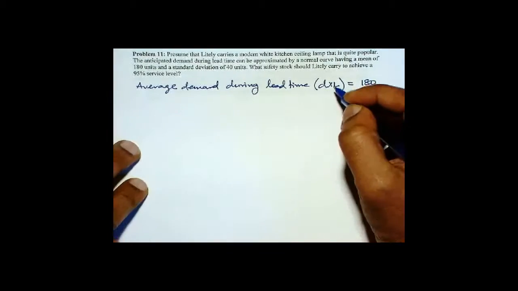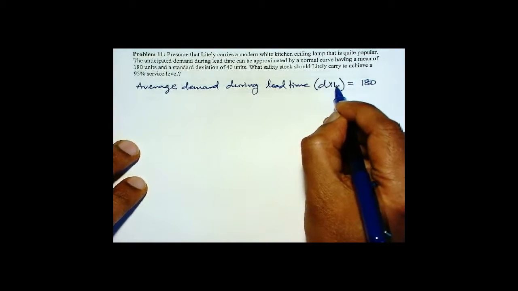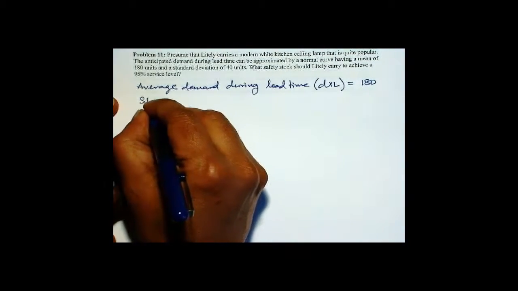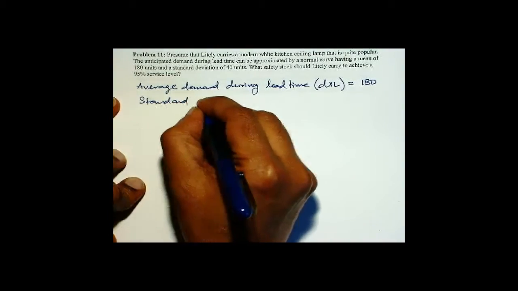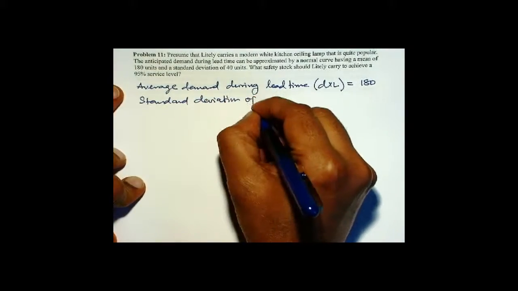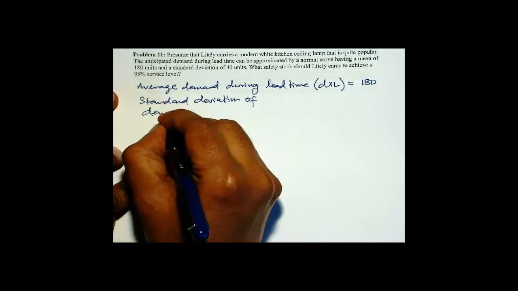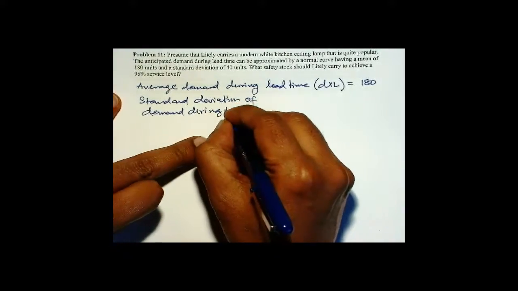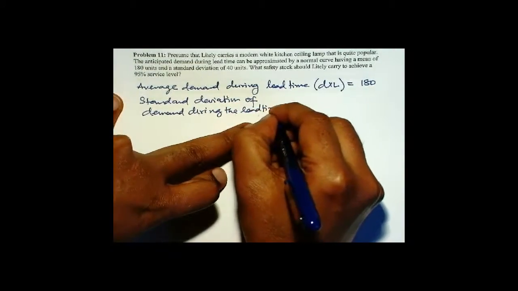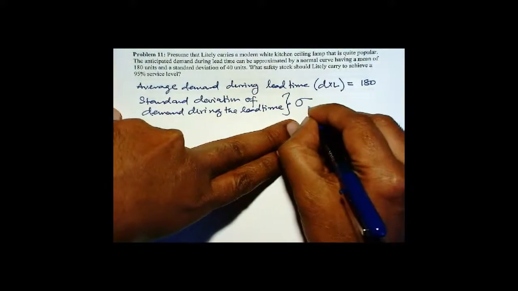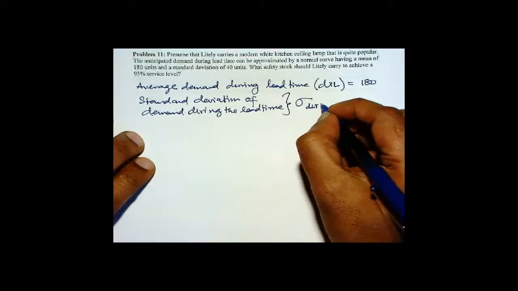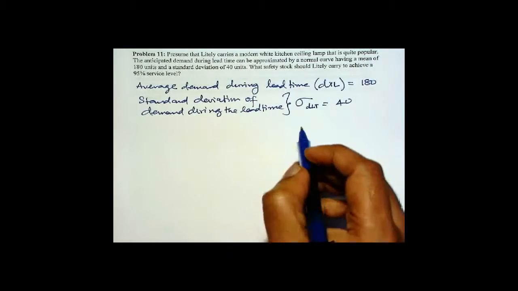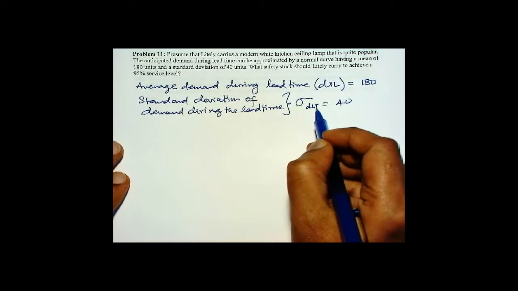So we don't know the value for D, we don't know the value of L, but we know the value of D times L. And the standard deviation of demand during the lead time is given by this notation, and that is provided as 40. So you don't have a separate formula for different values of D and LT. We will come to that in a little bit.